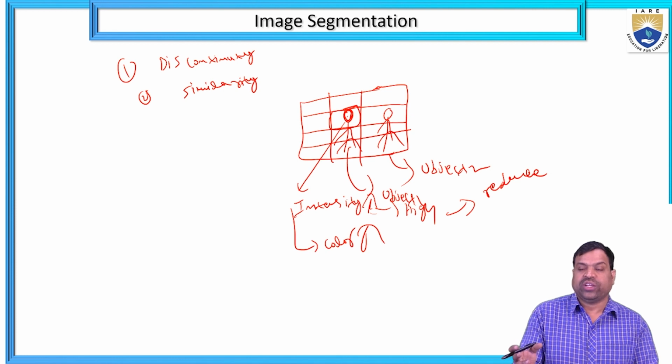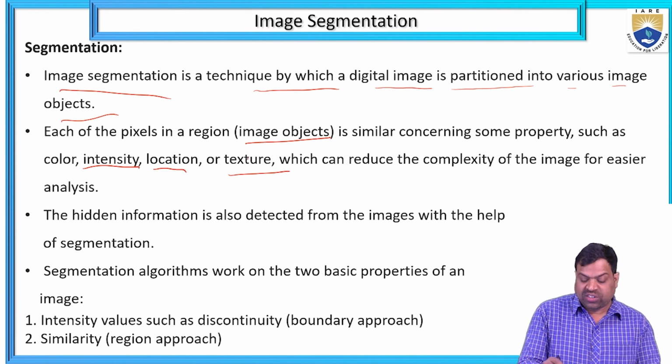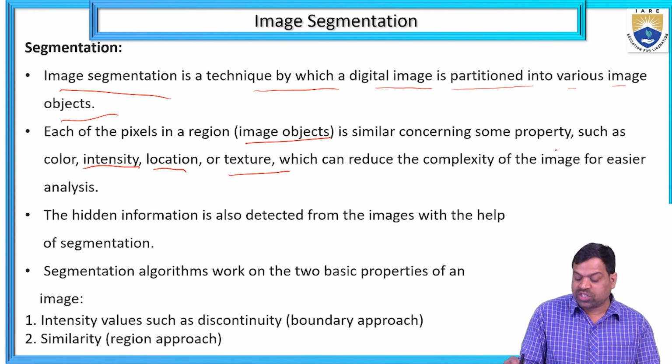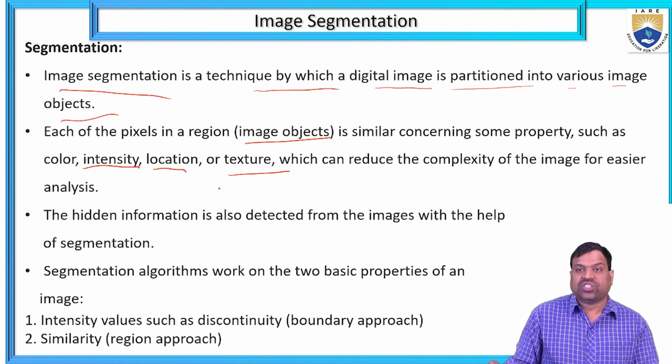If yes, it is visible, then there is no need to change the intensity values. Suppose it is not visible; then we have to change the intensity values or color values. The hidden information is also detected from the images with the help of segmentation.